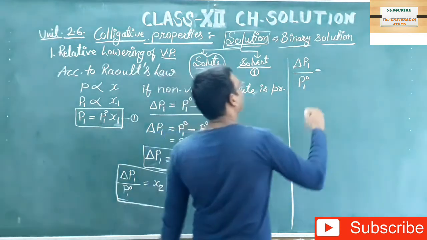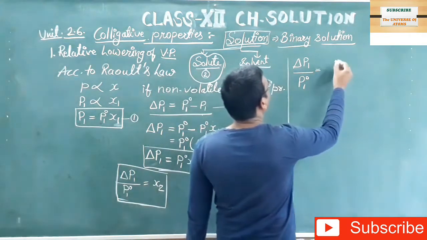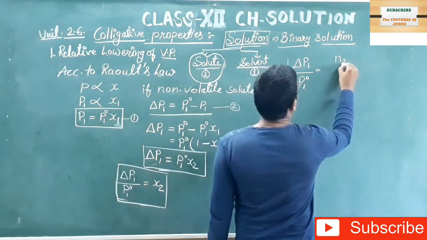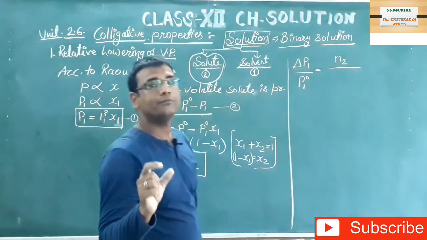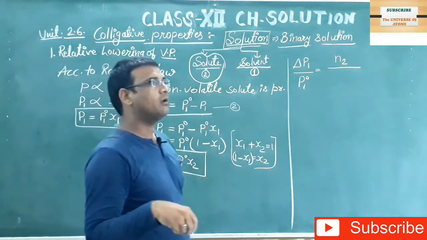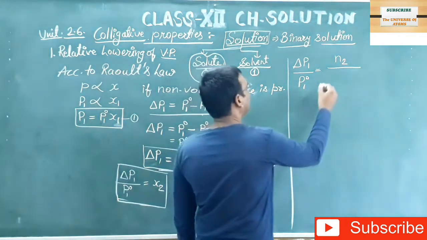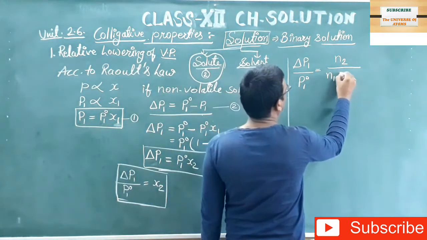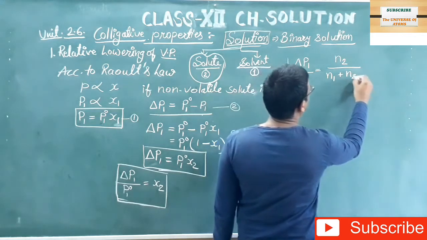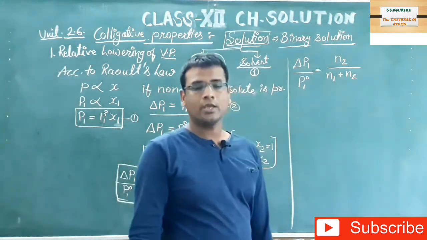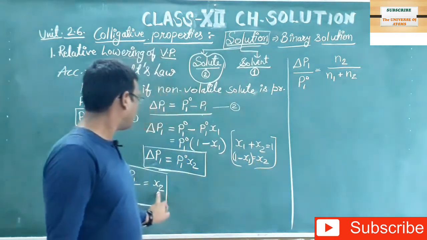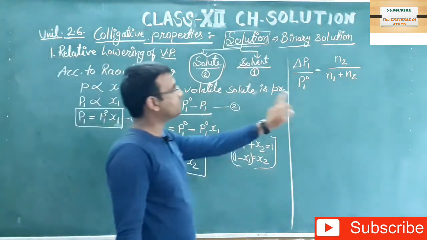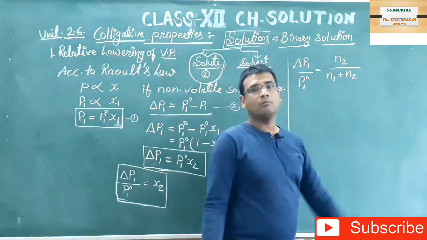How to calculate the mole fraction of the second component? It is n2, the moles of second component, upon total moles, n1 plus n2. This is the formula in the form of moles. It was in the form of mole fraction; now this formula is in the form of moles.